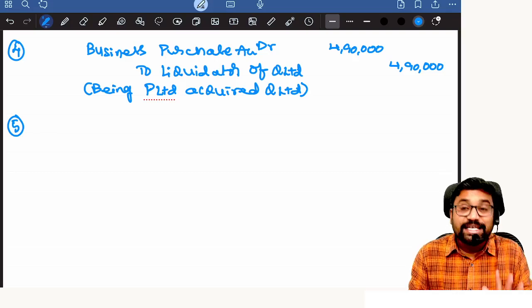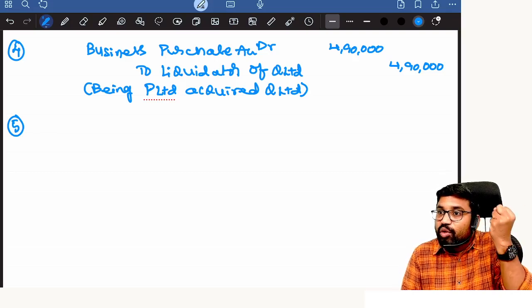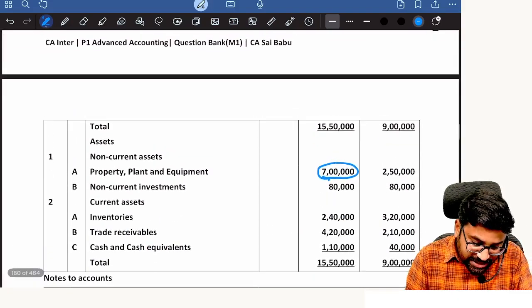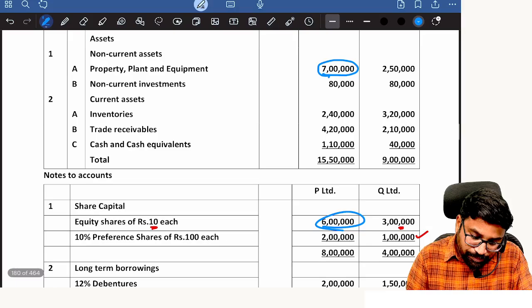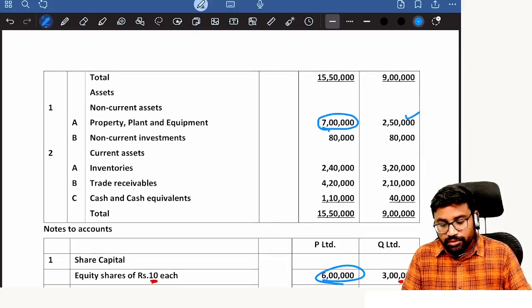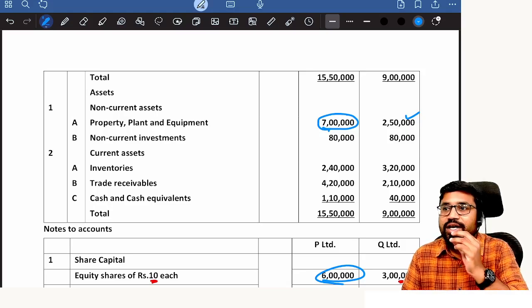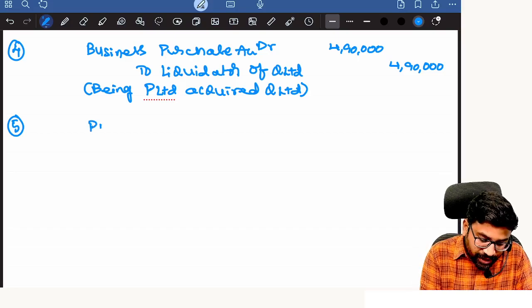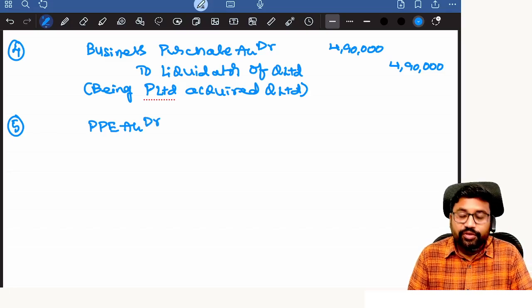So therefore assets. First we need to write one by one the assets of Q Limited. Come to assets of Q Limited. First PPE, property, plant, equipment. How much is there? 2 lakh. Tell me how much we will write. PPE account debit 2 lakh 50,000. Wrong.